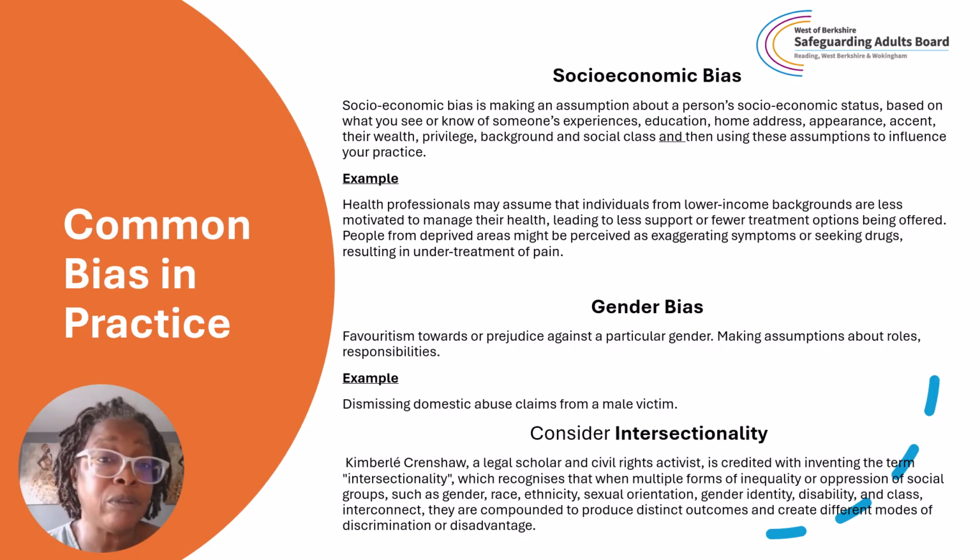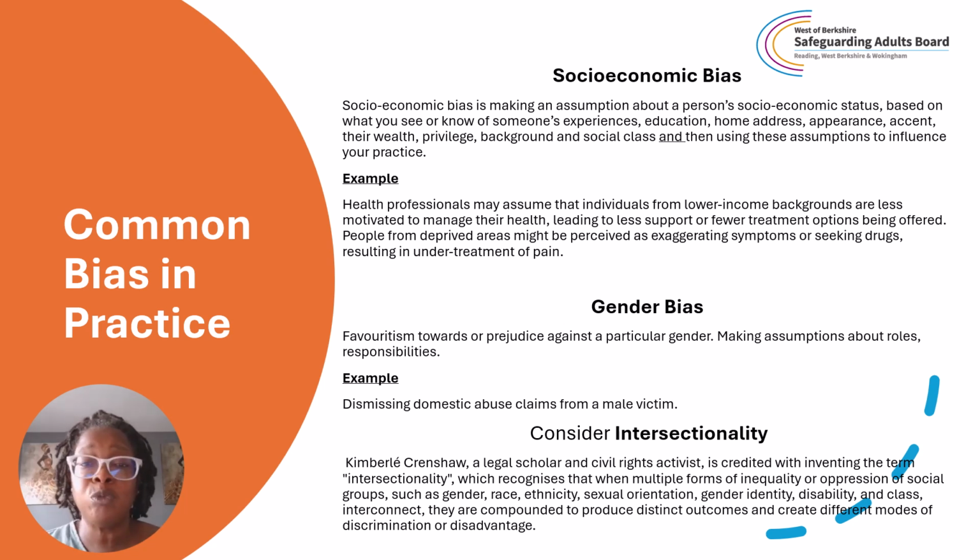As an example, as a health professional, you may assume that individuals from lower income backgrounds are less motivated to manage their health. This could lead to less support or fewer treatment options being offered. Or it might be that people from deprived areas might be perceived as exaggerating symptoms or seeking drugs, resulting in undertreatment of pain.